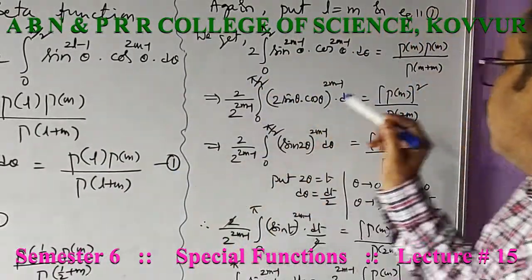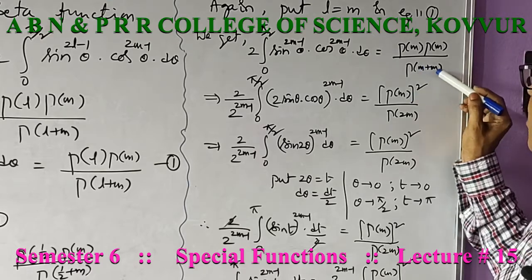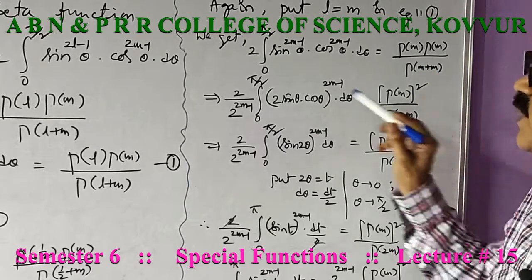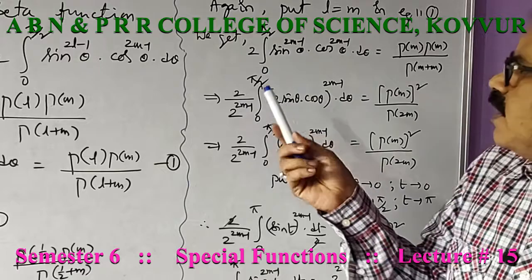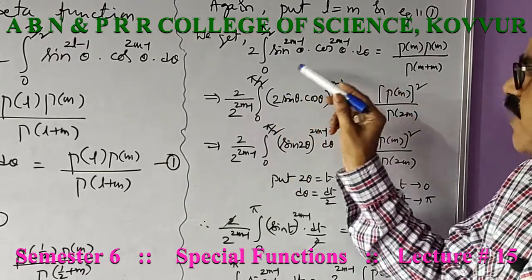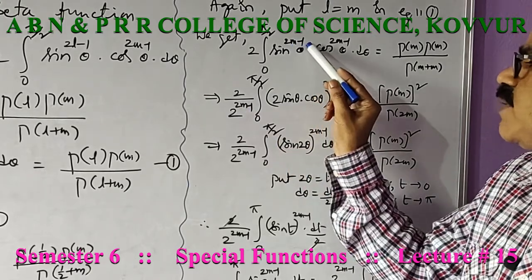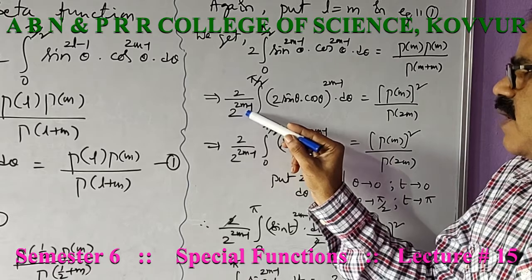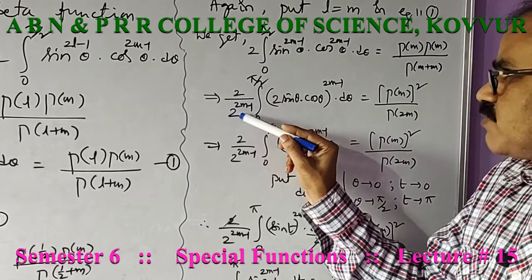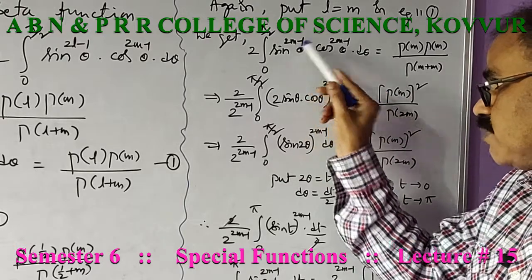Okay, gamma m whole square by gamma m plus m is gamma 2m, and this is 2. I am multiplying and dividing with 2 to the power of 2m minus 1. Why? Because the power is 2m minus 1. So 2 by 2 to the power of 2m minus 1, and in the numerator also 2 power 2m minus 1.